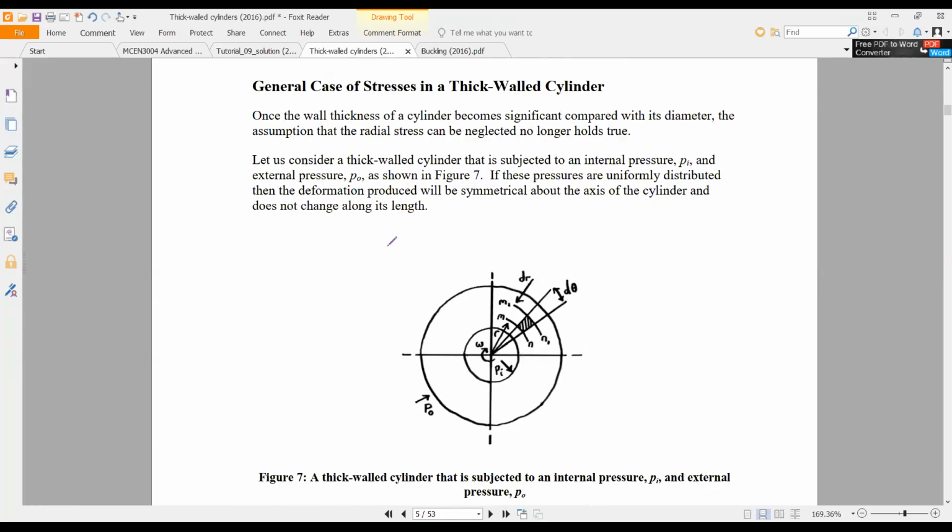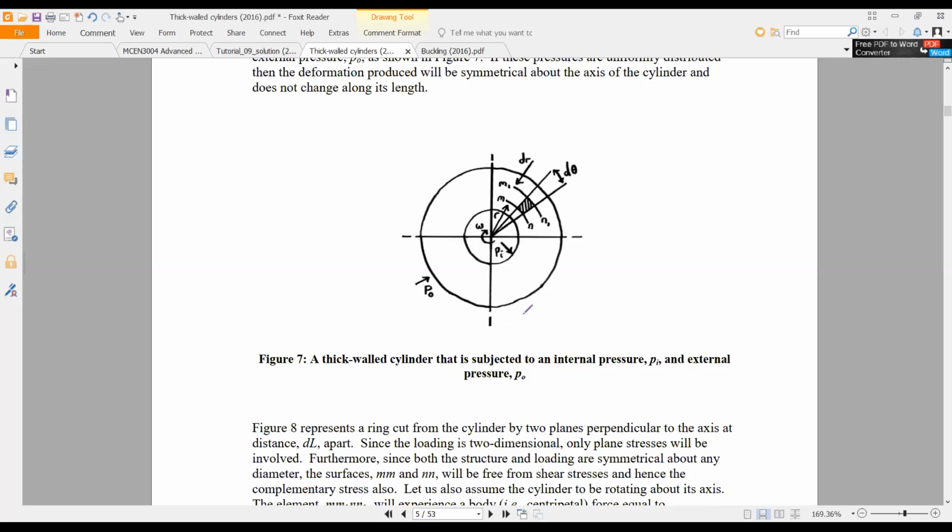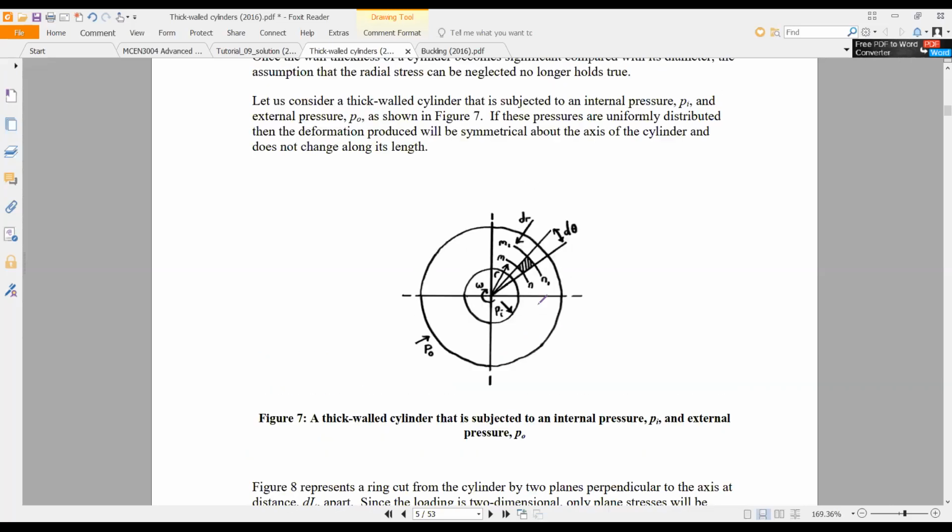In your presentation, the next slide is where we will derive the thick wall cylinder equations. I will use the lecture note because there is only this image without any explanation. I will use this lecture note until the derivation of the equation. You can see here the cross section of the thick wall cylinder, with a small segment selected on the thick wall.